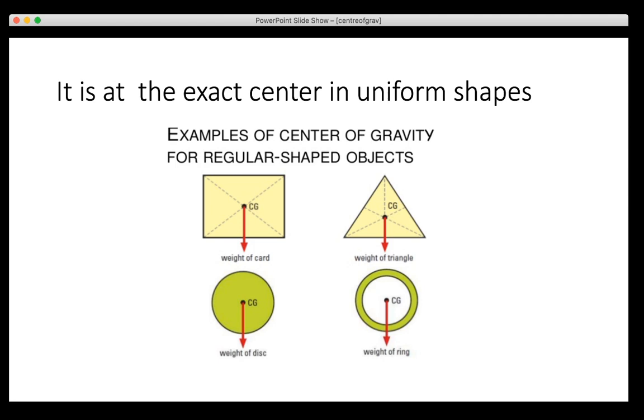Even due to movements, the location of CG changes. So always keep in mind that it is fixed only in solid uniform shapes that don't change their shape at all. Otherwise, in the case of athletes, in the case of humans, it is always movable, and it moves according to mass distribution. I think it's clear now.